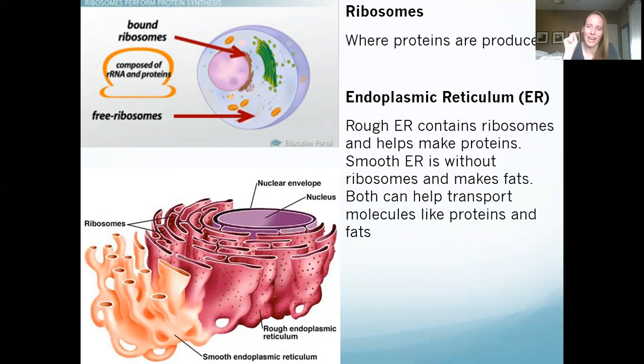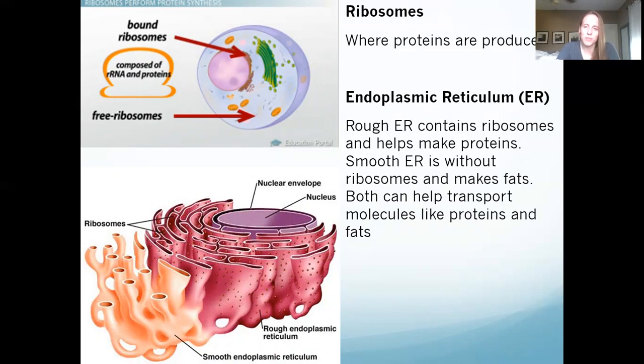Ribosomes are super tiny little dots that are floating around. They're also on the rough endoplasmic reticulum, and that is where protein synthesis happens, or where proteins are made. The endoplasmic reticulum, again, kind of wraps around the outside of the nucleus. The rough endoplasmic reticulum is where the ribosomes are, so it helps with proteins being made.